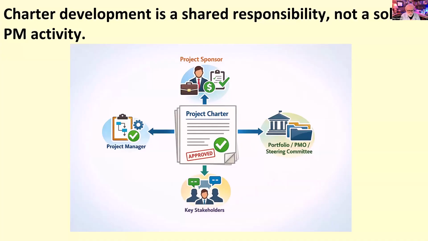This helps ensure consistency with organizational standards and prioritization decisions made within the organization. And then we have the high-level stakeholders identified here, who provide input on the objectives, the boundaries, the risk, and constraints. So the project manager doesn't grant authority here. The charter grants authority to the project manager, and the authority comes from the sponsor and or the organization, depending on how it's set up.